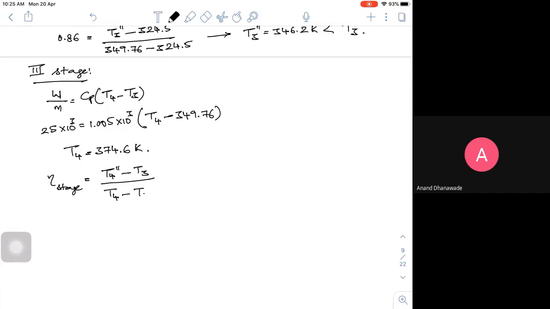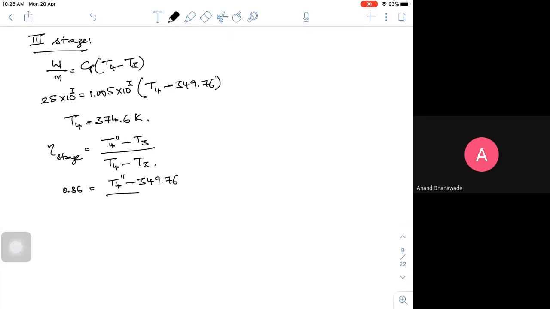So this is 0.86 divided by T4, which is 374.6 minus 349.76, and I end up with T4 double dash is equal to, if I substitute everything, 371.4 Kelvin, which is less than 374.6 Kelvin, which is your T4.